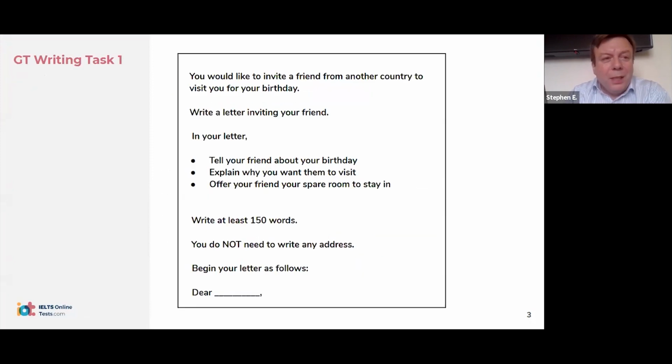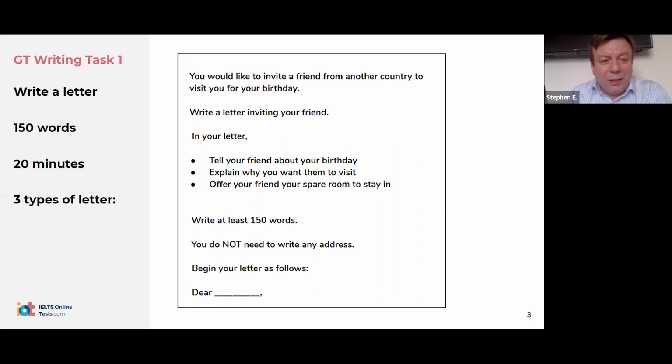So here's our general training writing task 1. The task is you have to write a letter, 150 words. It's recommended you take 20 minutes for this task.